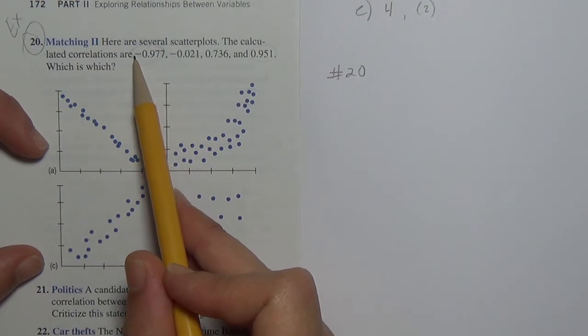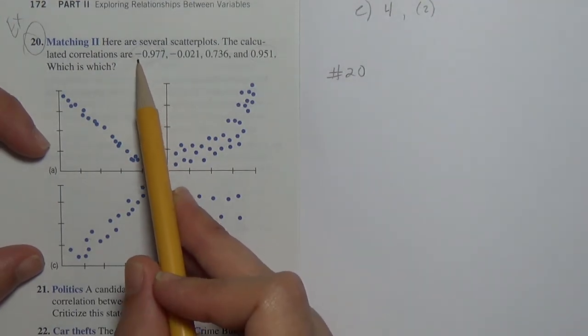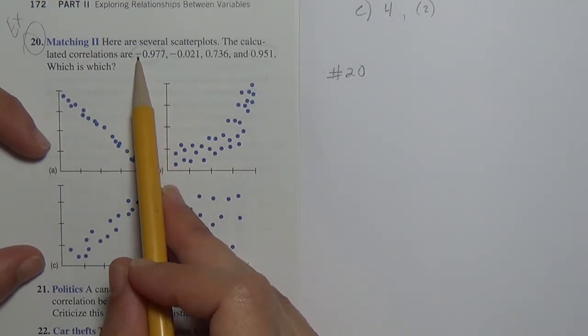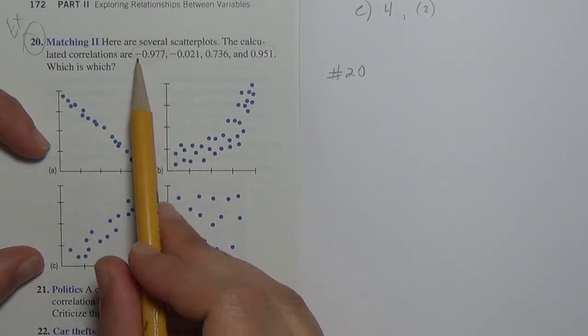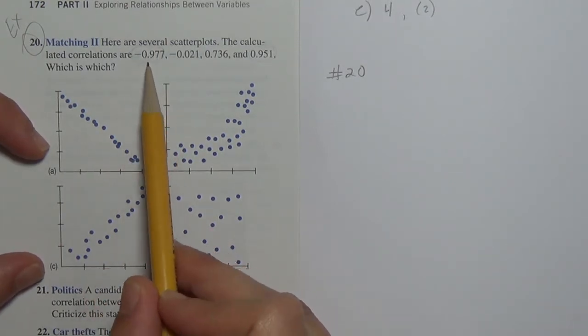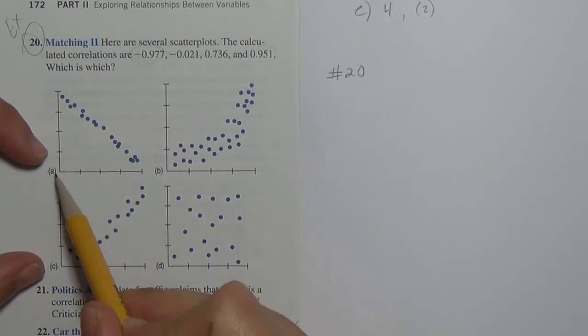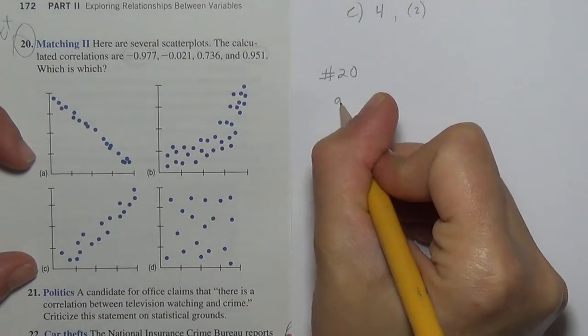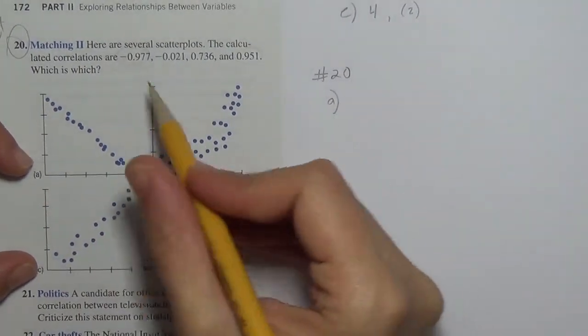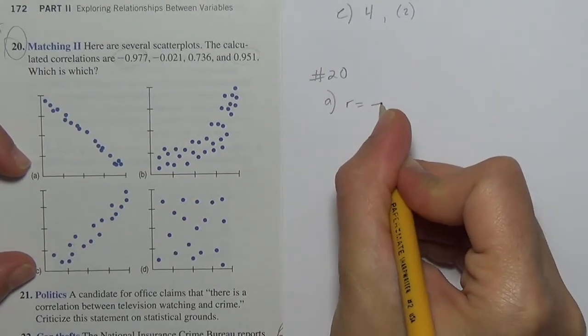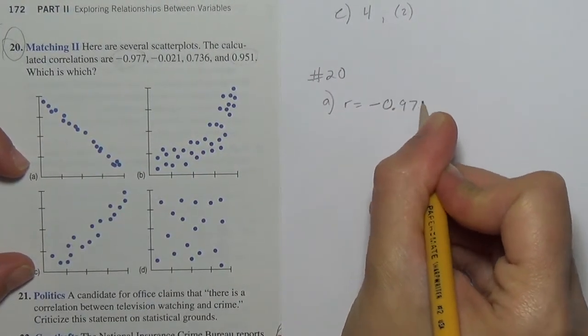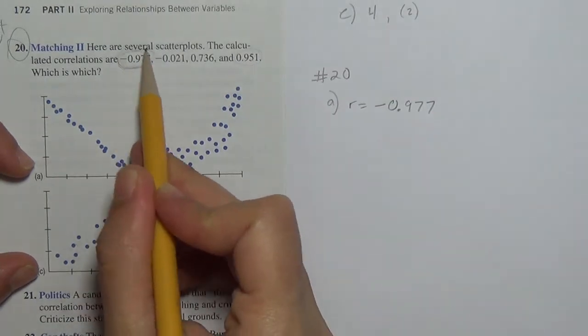A negative value of R is going to suggest a negative relationship, a negative direction. So the values should be decreasing as you move left to right. So for scatter plot A, the value of R on that one is the negative 0.977. Okay, so that's this one right here.